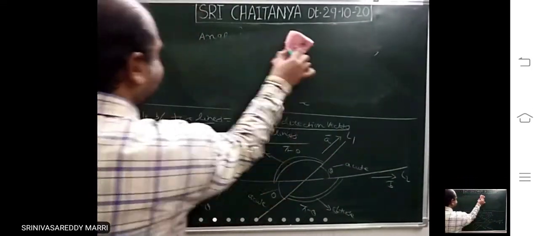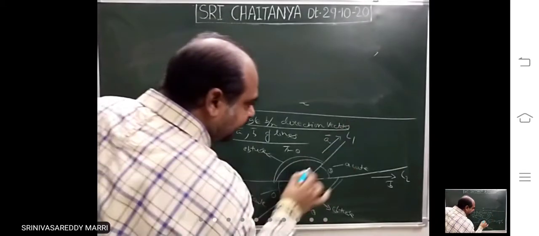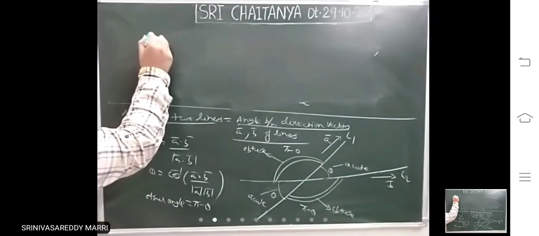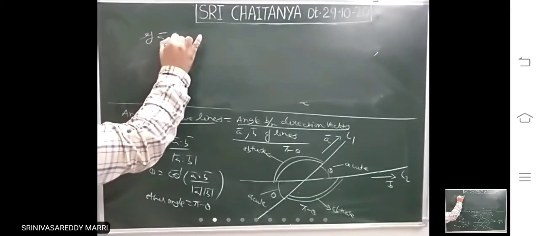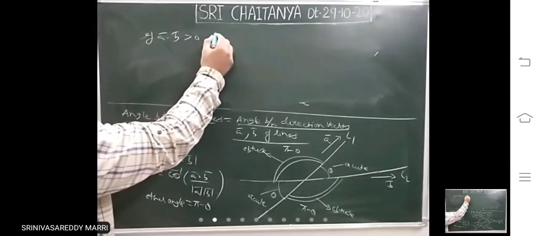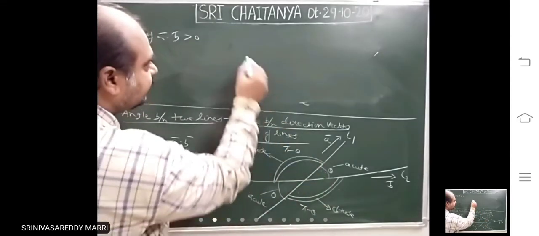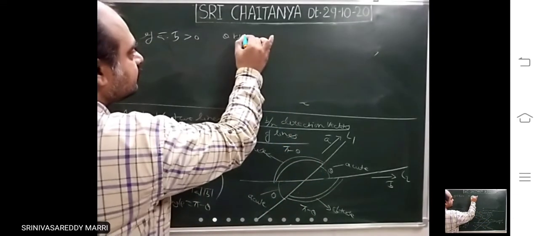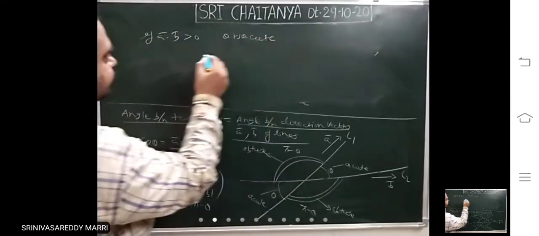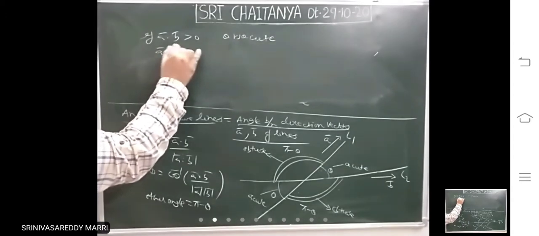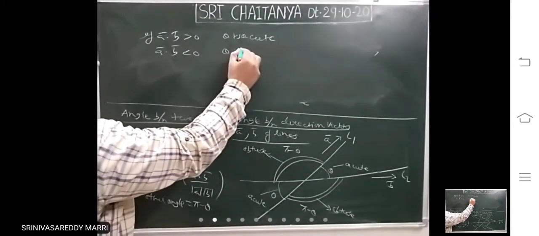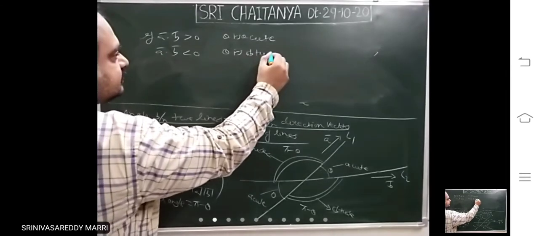Here also, same thing. Look at A bar, B bar. If A bar dot B bar is greater than 0, then theta is acute. If A bar dot B bar is less than 0, theta is obtuse.